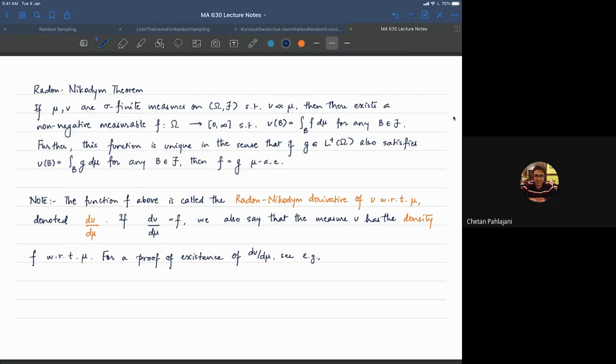For example, you can look at the book by Royden on real analysis, the book by Billingsley on probability and measure, the book by Folland on real analysis, and the book by Athreya and Lahiri titled Measure and Probability. The proof is standard, it is there, I do not want to cover it. Here are at least four places where you will find it. There are many other places too. Any good, respectable book on real analysis and measure theory will have it. All right, but let's prove the uniqueness part.